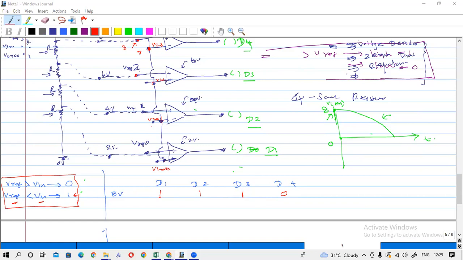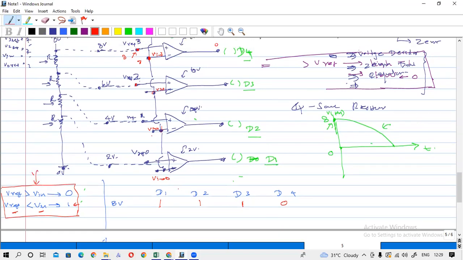But according to the condition we consider, the bit pattern should be like this, 0 1 1 1. So you can see that now 8 volt is converted like this.